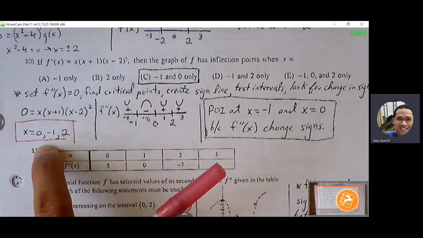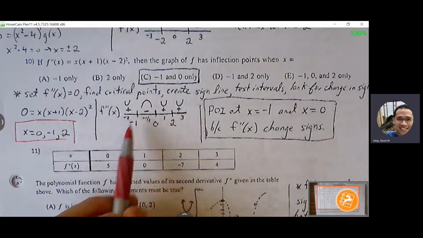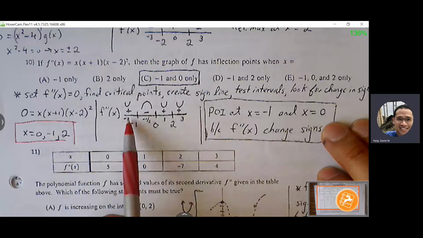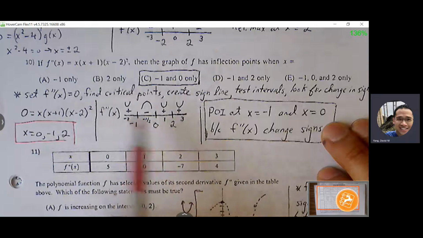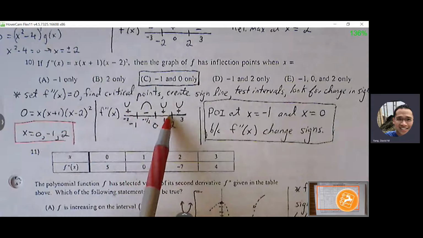In order to be a true inflection point, there must be a change in sign on either side of that critical point. So you have to create your sign line, identify your critical points, identify all your points in between, insert each of them into the second derivative function, and see if there's actually a change in sign.